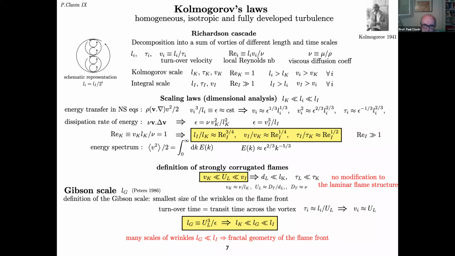And you do not have wrinkles below LG, because in that case the flame crosses these vortices, with characteristic length scale smaller than the Gibson scale, too fast and they are no longer wrinkled. This length scale is the smallest length scale of wrinkling of the flame.